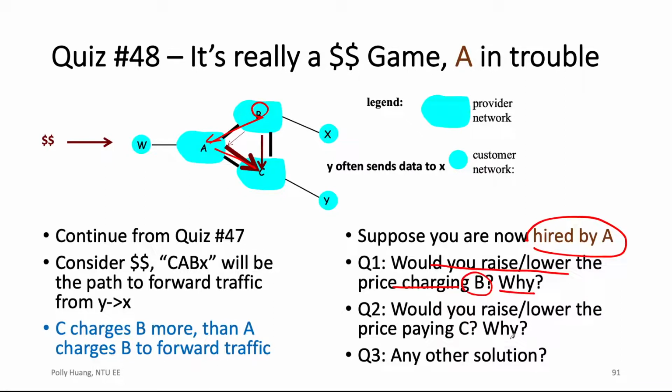Why? Would you raise or lower the price paying C? Why? Business negotiation is not always easy to do. Could you think of another solution so that you can bypass negotiating the prices you're paying or charging people?